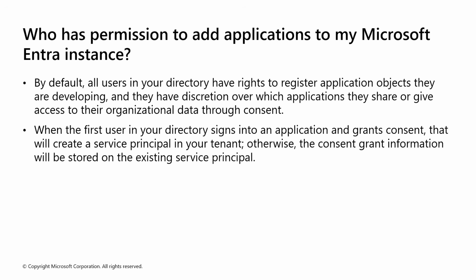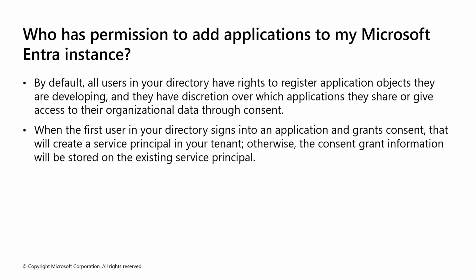For instance, they can't register an application, but when the application requires them to consent, does that consent happen by the user, or is it going to prompt an administrator to approve? So again, some more details that we'll have to uncover when we start registering an application and working with it.